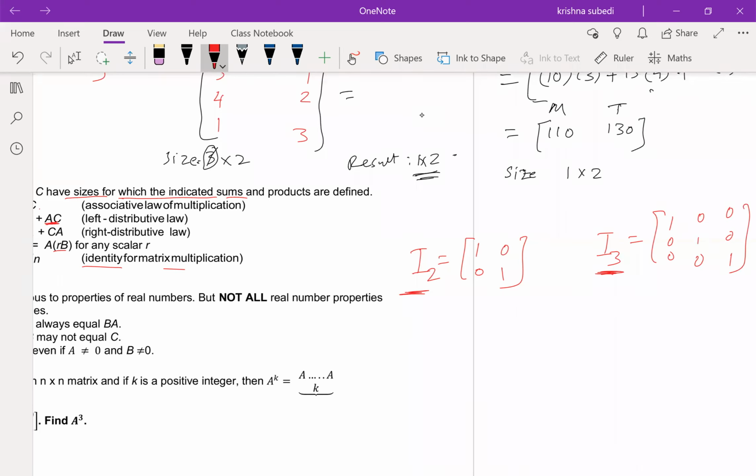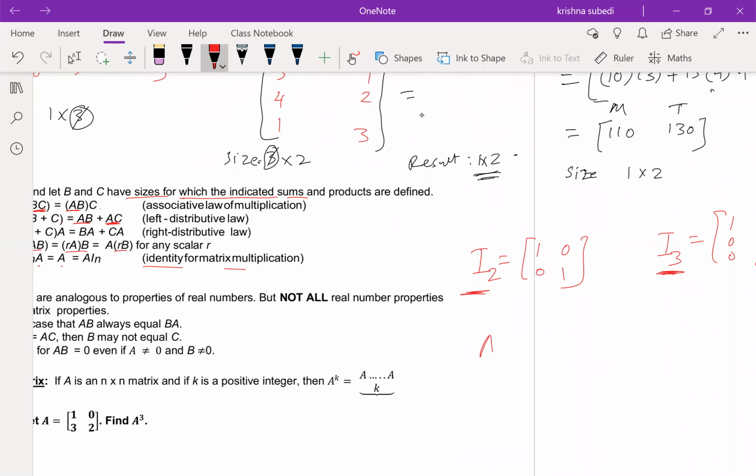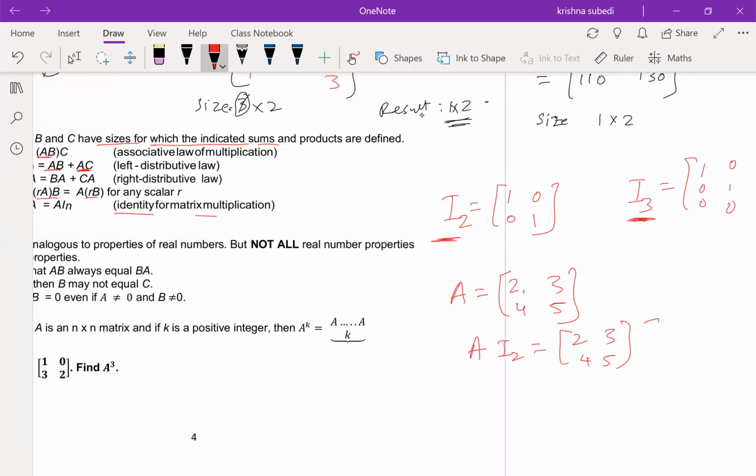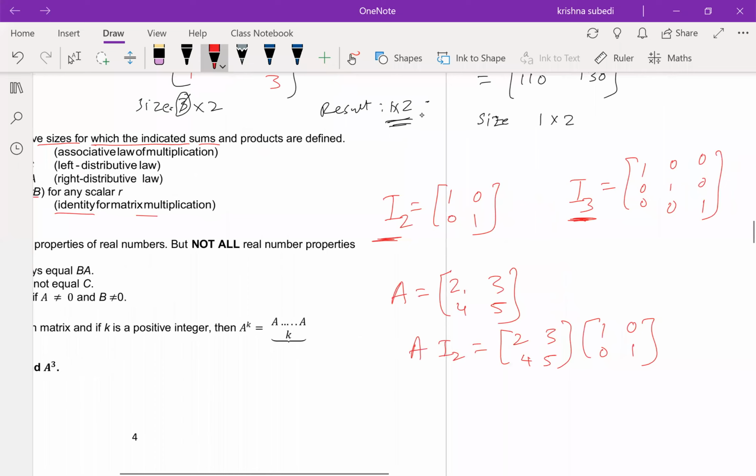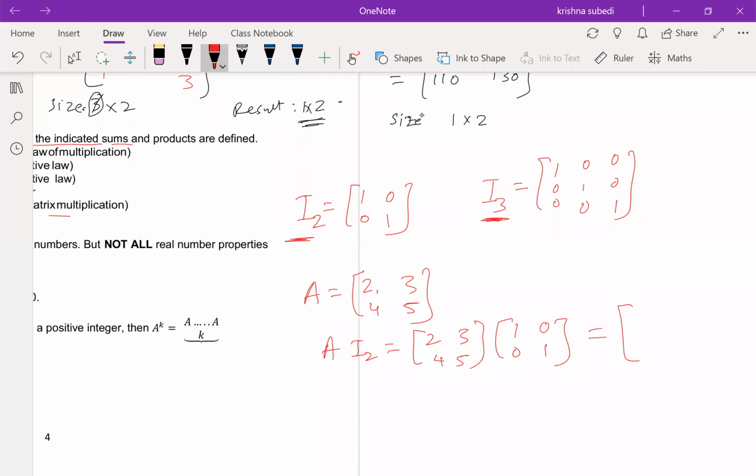Now, if you multiply, let's say A is 2, 3, 4, 5, for example, and I is this. So if you multiply A and I2, 2, 3, 4, 5, with 1, 0, 0, 1, you should be getting 2, 3, 4, 5.